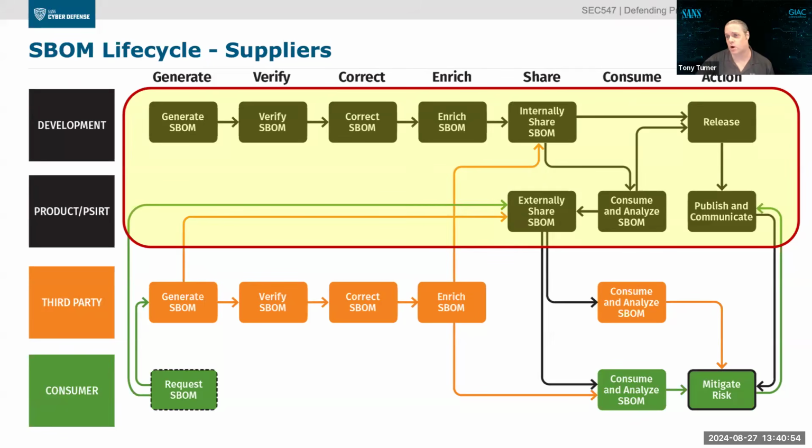But this should become part of your release management cycle. And these should get issued with every single release, because every release your software has changed. Every time your software has changed, there's a chance that your SBOM has changed as well, right?